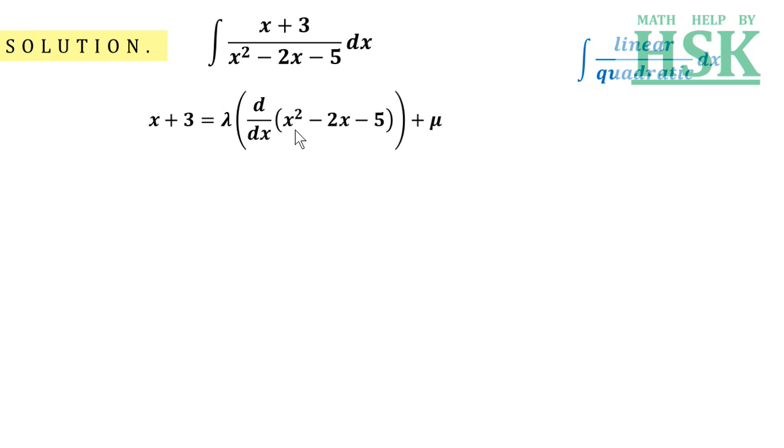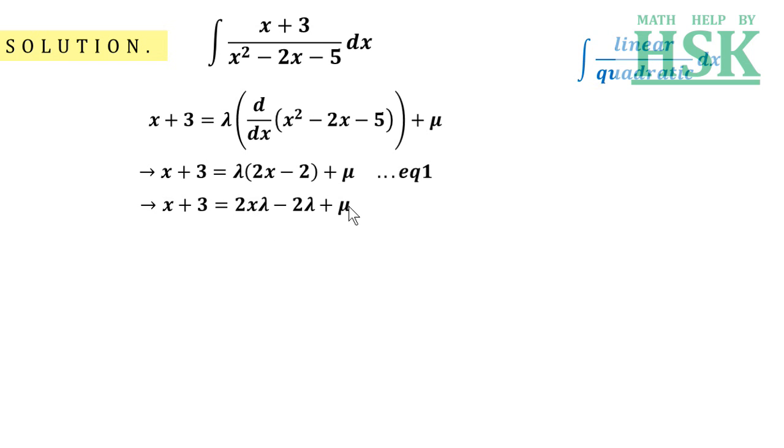On differentiating x square minus 2x minus 5, I am going to get 2x minus 2. So I can write x plus 3 as equal to lambda times 2x minus 2 plus mu, which is my equation number 1. Now I'm going to separate the constant term and the term of x.